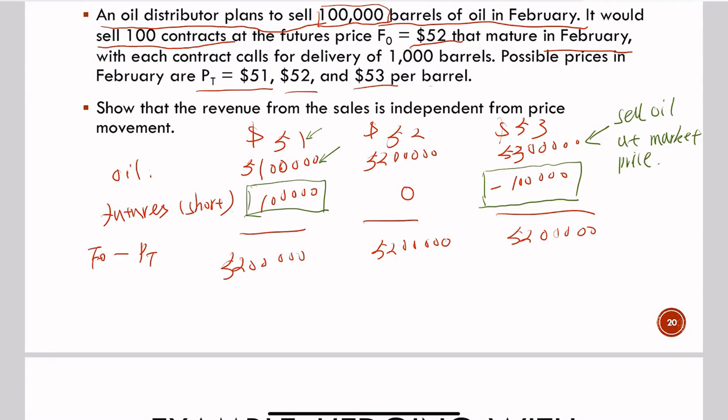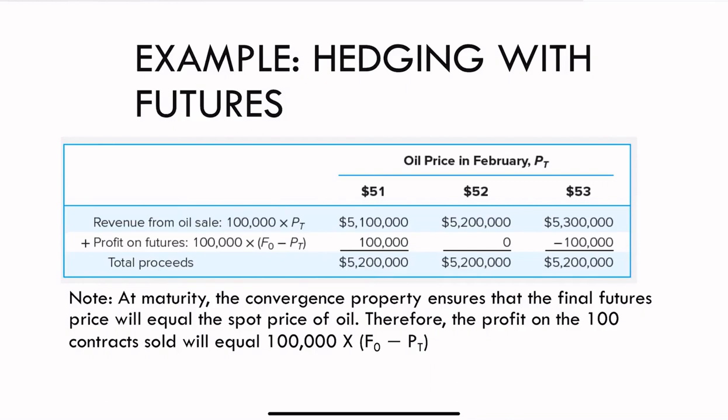So in the end, the gain from the oil and the loss from the futures will just offset each other if the price is 53. Or you could say the loss from the oil position and the gain from the futures contract position will offset each other if the market price turns out to be 51.